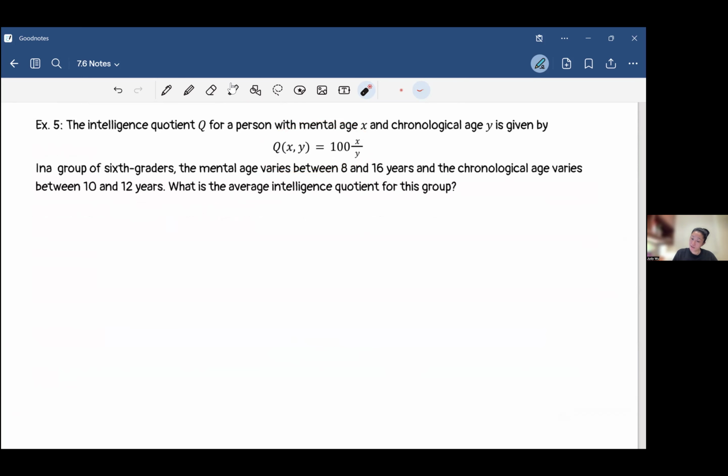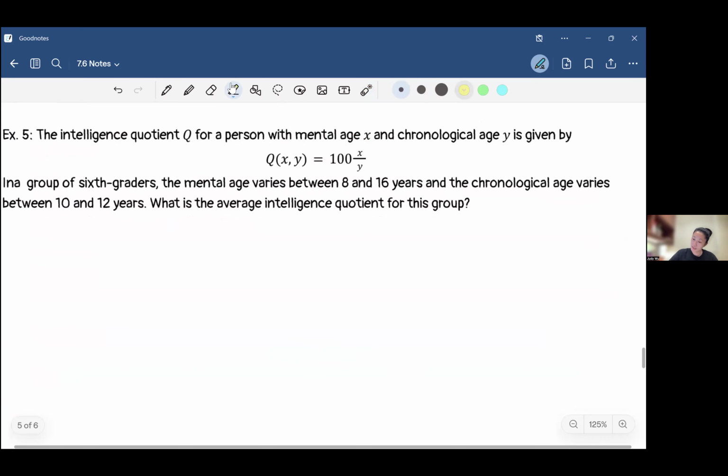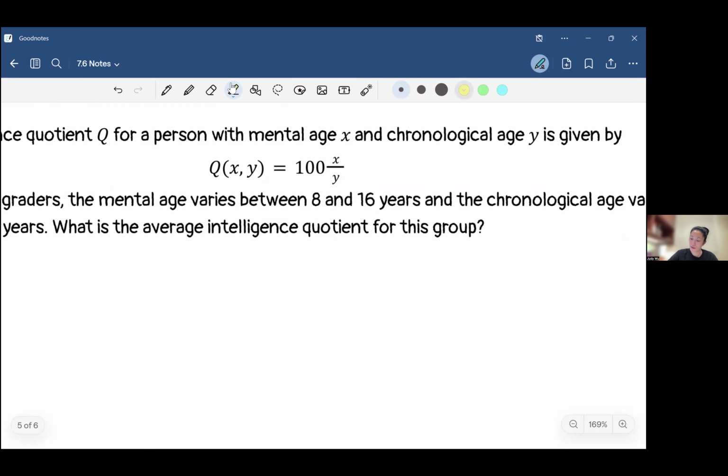In a group of sixth graders, the mental age varies between 8 and 16. So let me do a little bit of color coding before we get too far. The mental age is our x, and that varies between 8 and 16 years.